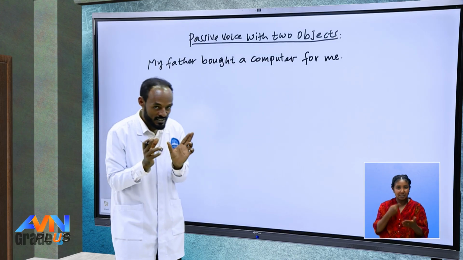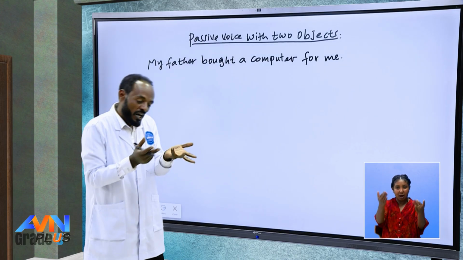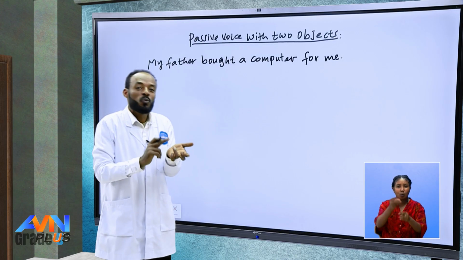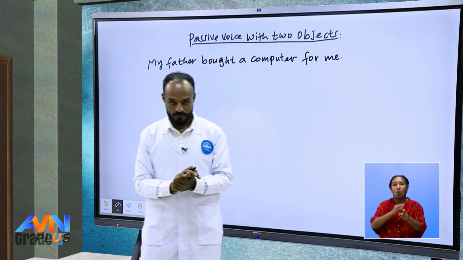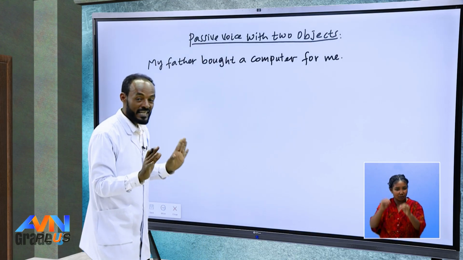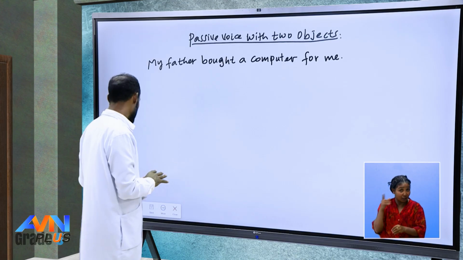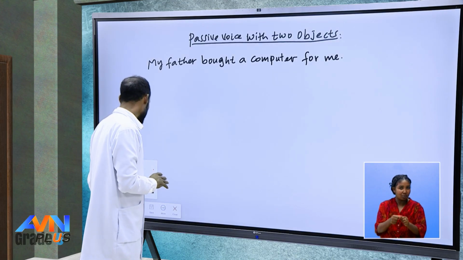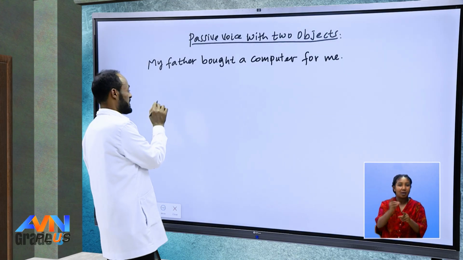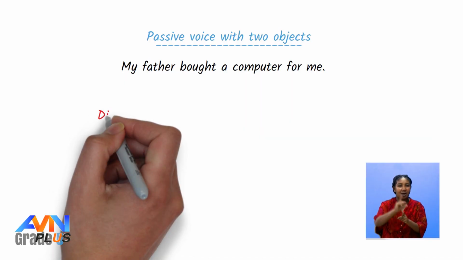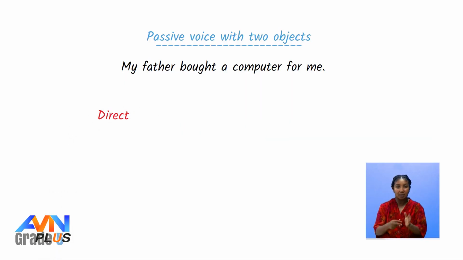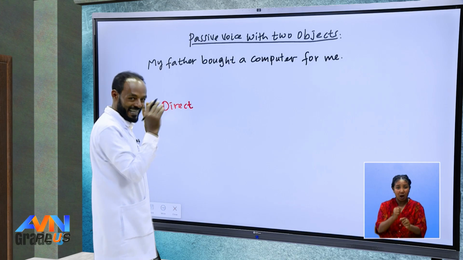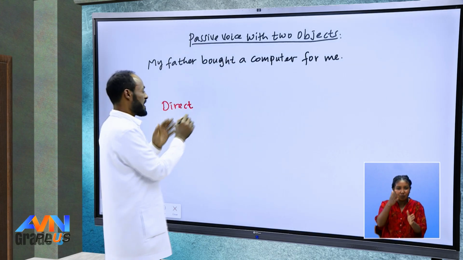In this sentence, now we are going to identify which one is the direct object, which one is the indirect object. Students, please don't forget, bear in mind, when we say direct, it is the receiver of the action which directly takes the action. Direct object.